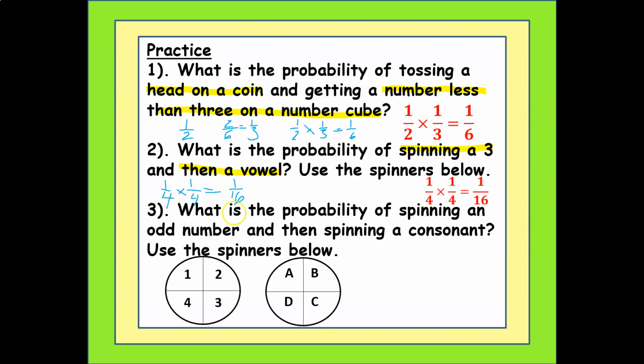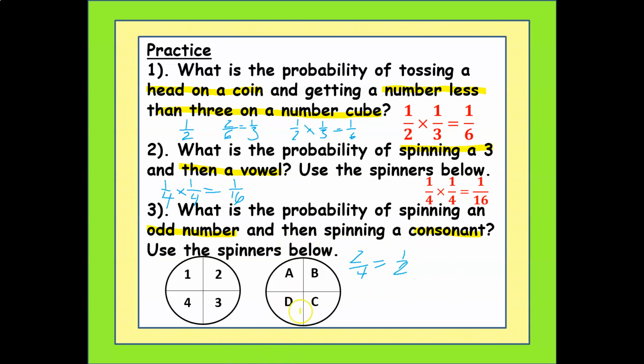And number 3, what is the probability of spinning an odd number and then spinning a consonant? So the first one is spinning an odd number. So we have 2 odd numbers. So that equals 2/4, which equals 1/2. And then our next one is spinning a consonant.